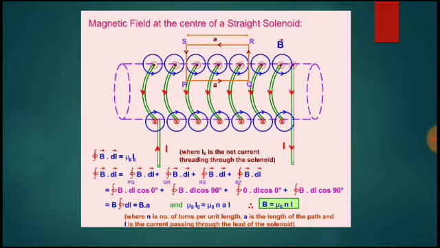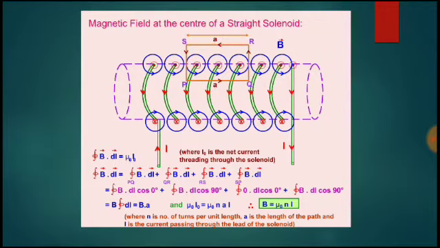See the first one. The total magnetic field inside the solenoid is equal to the sum of all four sides. So first, line integral PQ of B into dl. PQ is this area.